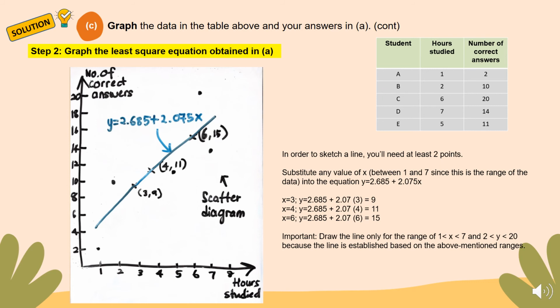Then I plug them into the least square equation to find their corresponding y values. Based on these plotted coordinates, I connect the line and extend it from x equal to 1 to x equal to 7. That's how the least square equation is plotted on a scatter diagram. So this completes this question. First, we plotted the scatter diagram, and second, we plotted the least square equation.